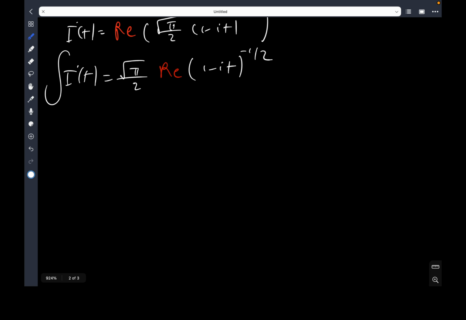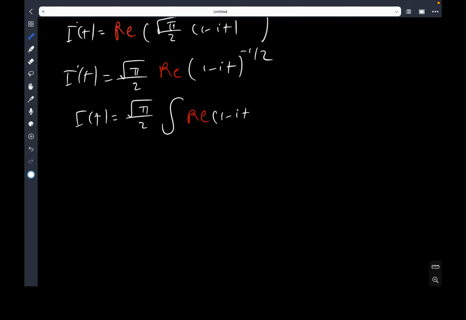And if I integrate both sides with respect to t, I'm going to get I of t equal to root pi over 2, the integral of the real part of 1 minus it to the negative half dt.